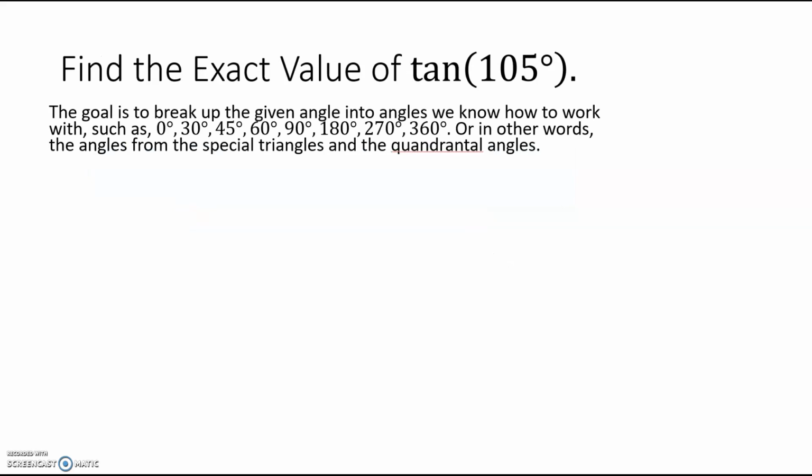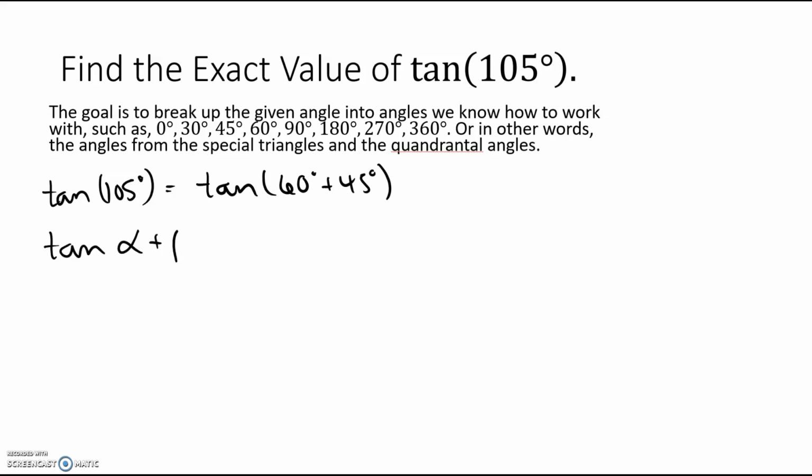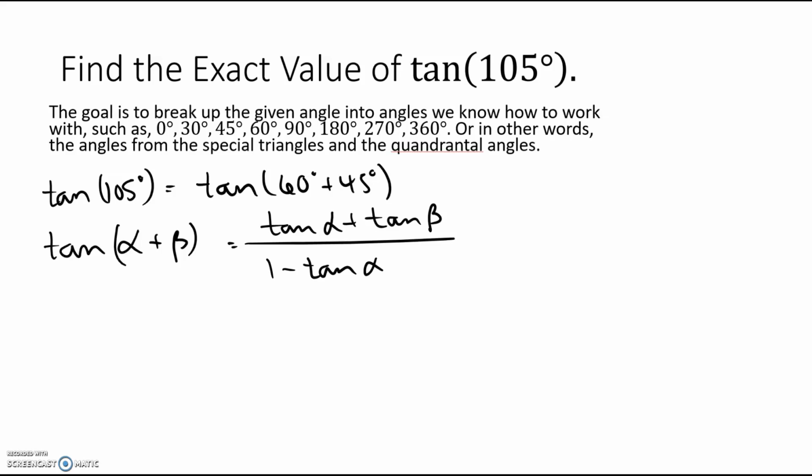Okay, so let's try these. Say we try to find tangent of 105. So tangent of 105, we could say that's the same thing as tangent of 60 plus 45. So we're going to need this formula, tangent of alpha plus tangent of beta divided by 1 minus tangent of alpha times tangent of beta.